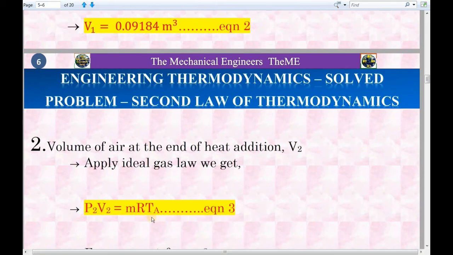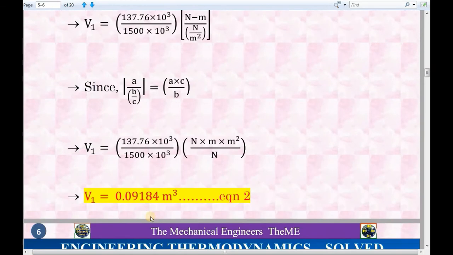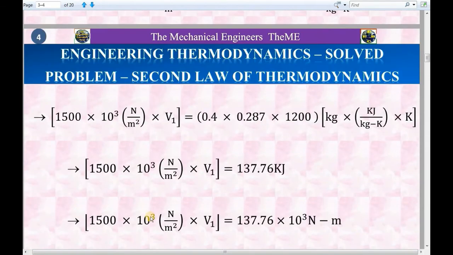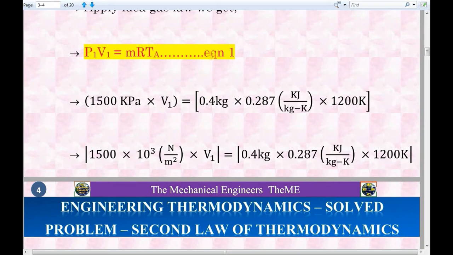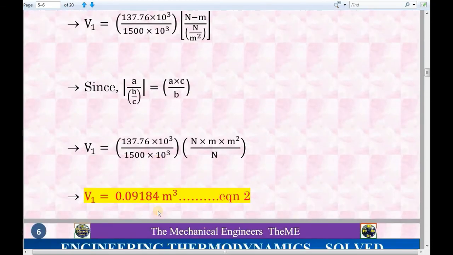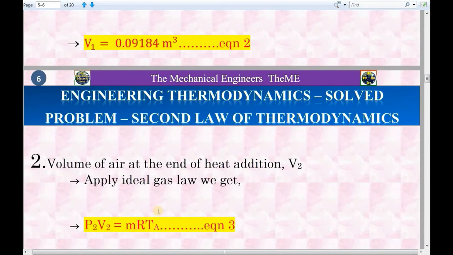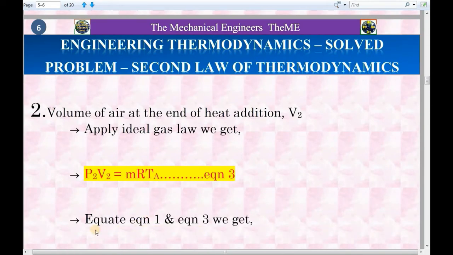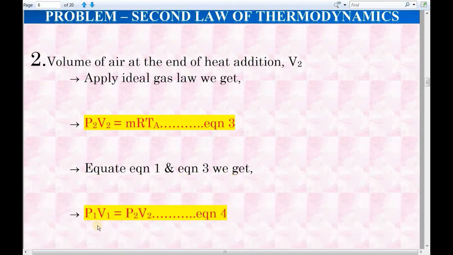The RHS of equation 3 and the RHS of equation 1 are same. So we can equate equation 1 and equation 3. So by equating equation 1 and equation 3, we get P1V1 is equal to P2V2. And consider this one as equation 4.